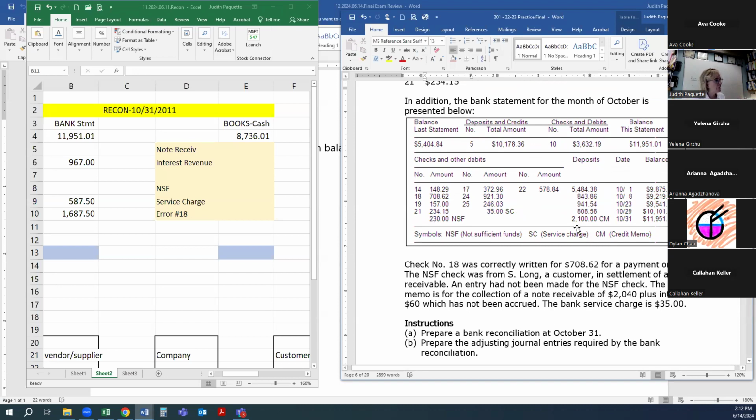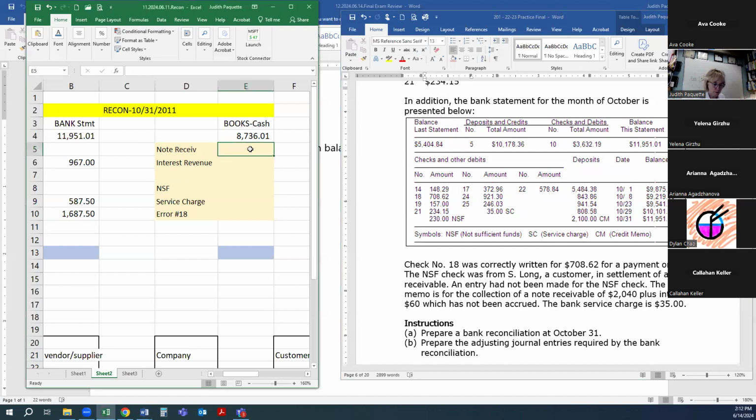So we have a $2,100 deposit, and that is for a note receivable. Note receivable means money coming in from somebody who owes us money, plus interest. So we charge them interest. So I'm showing those as adds here on my bank recon, and I'm going to break it out. I'm going to show the note receivable, 2040, and I'm going to show the interest, just like I'm giving the information.